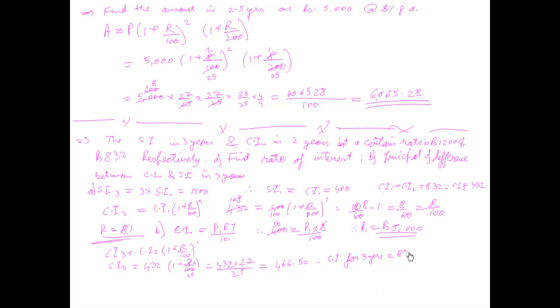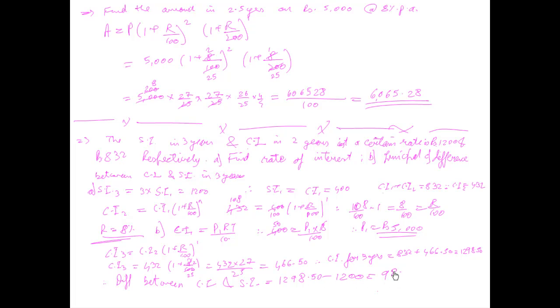Therefore children, CI for 3 years would come out to be 832 plus 466.50 children, which comes out to be 1298.50. Now children, therefore the difference between CI and SI will be 1298.50 minus 1200.